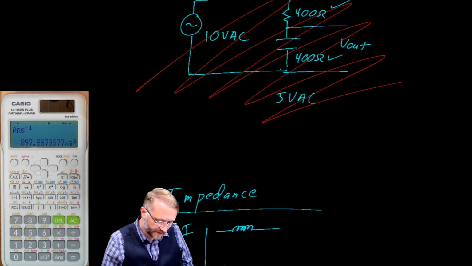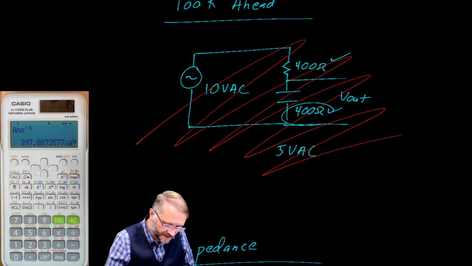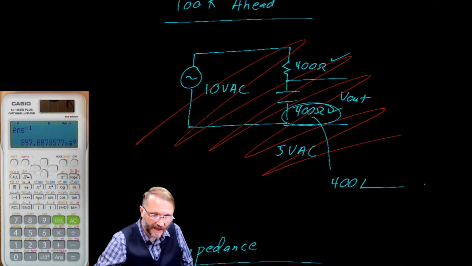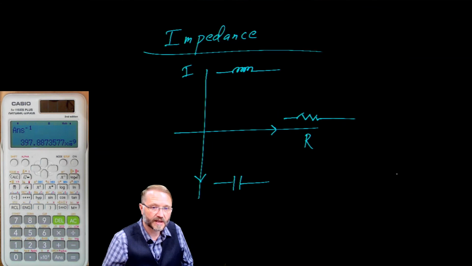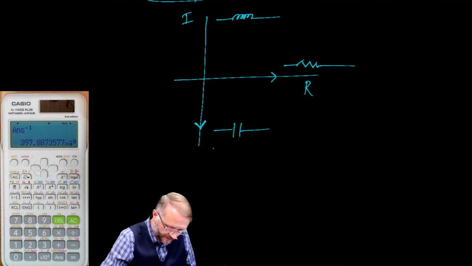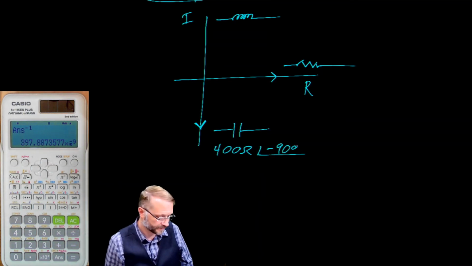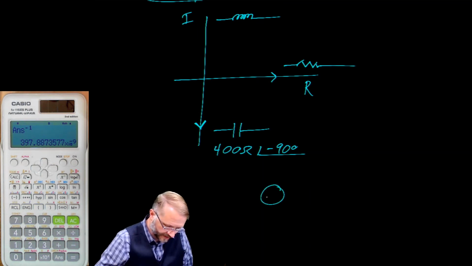So if we wanted to be fussy, we would say that this capacitance is 400. Yes, that's true, but it's 400 at a phase angle of negative 90 degrees because the capacitor points straight down. So in that example, it would be 400 ohms at a phase angle of negative 90 degrees. Let's redraw that circuit. It looks like this. We had 10 volts AC.